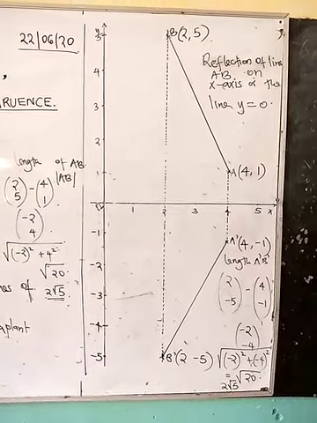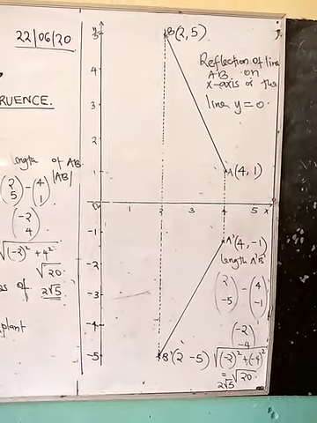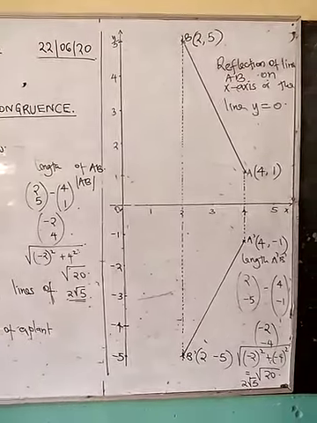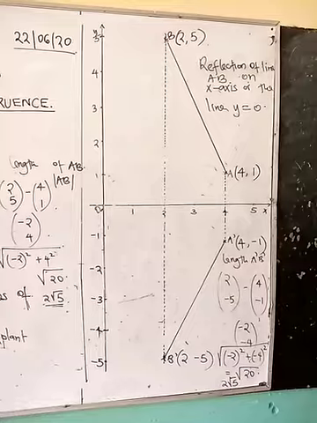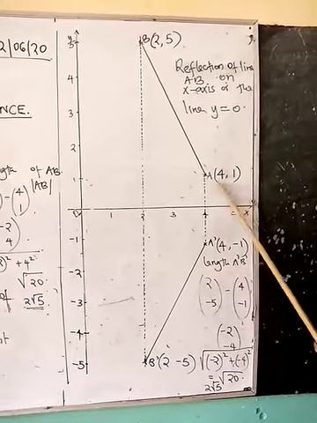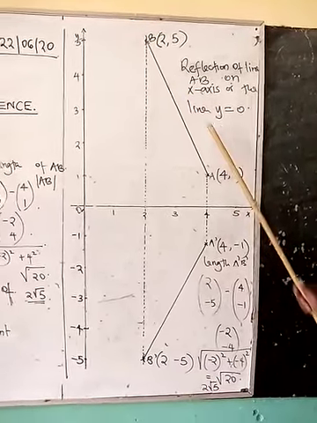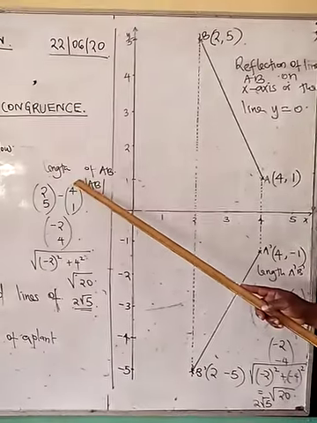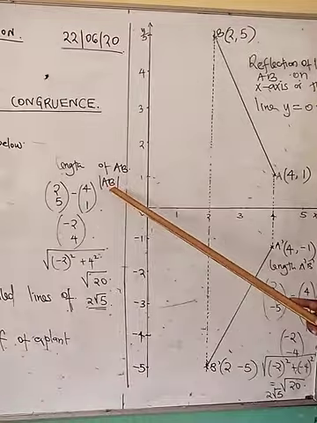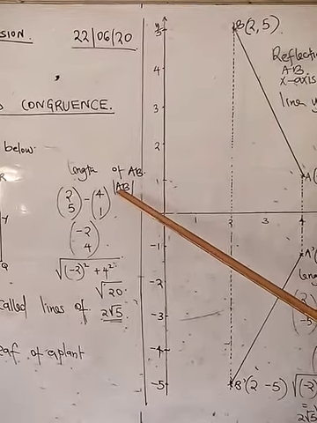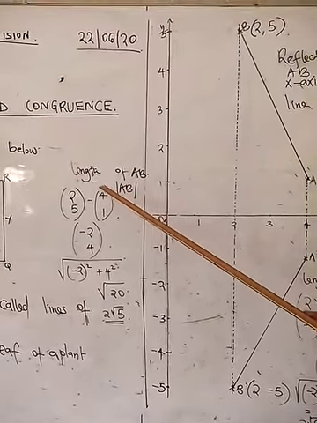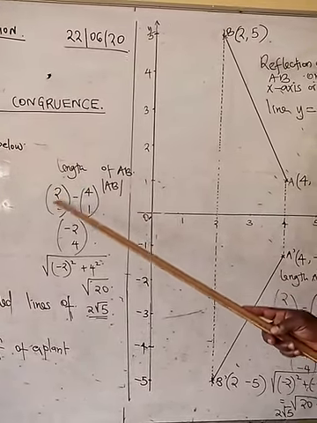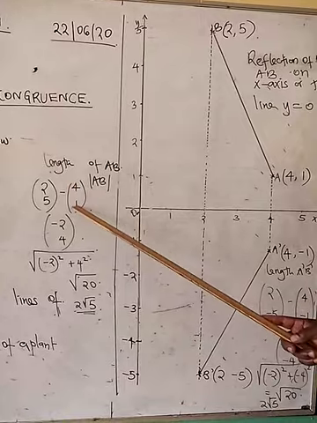How do we confirm? Using the modulus technique, we can find the length AB. The length AB is given by the modulus of AB, which is the same as B minus A, and that gives us (2, 5) minus (4, 1).